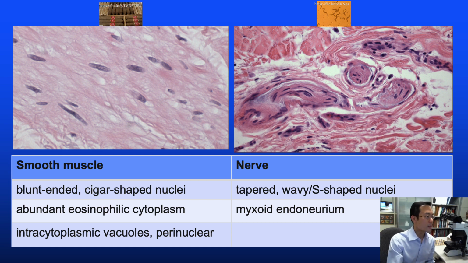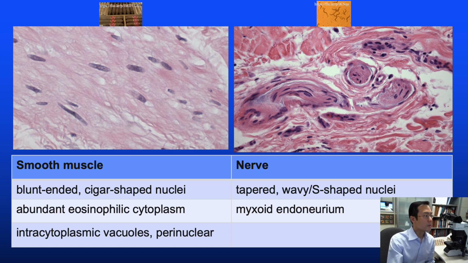In addition, smooth muscle cells have more abundant eosinophilic cytoplasm compared to the relatively smaller Schwann cells and neurons. In addition, smooth muscle cells often have intercytoplasmic vacuoles that are often characteristically located perinuclear.